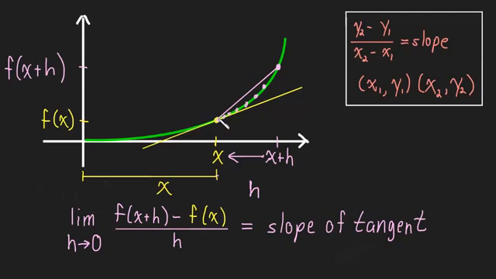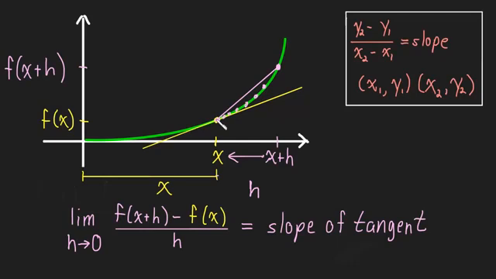That forces these 2 points, the estimation point and the point of tangency, to become arbitrarily close. They're infinitely close. And that means that the estimate becomes exact. It's no longer an estimate because those 2 points are infinitely close. We get the exact slope of the tangent line.